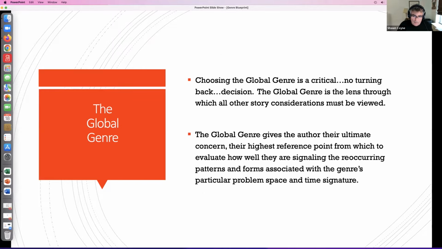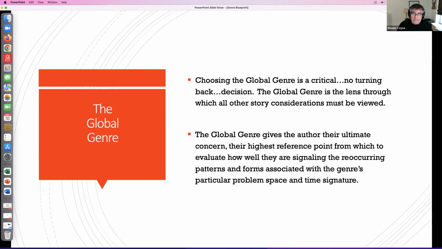Let's talk a little bit more about this because this is really important. Choosing the global genre is critical. It's a no turning back decision, right? Why? Because the global genre is the lens through which all other story considerations must be viewed. We have to put on these glasses called a global story genre. And when we're looking at putting anything else on the paper, it has to go through this lens.